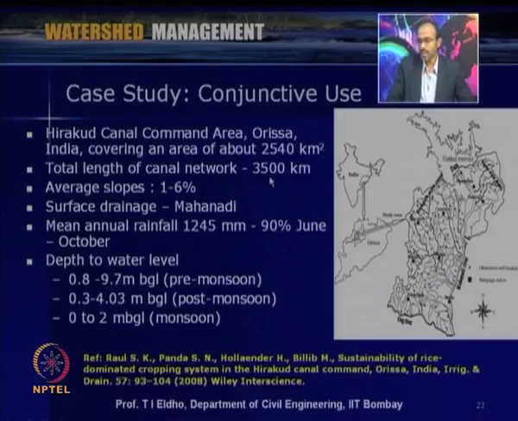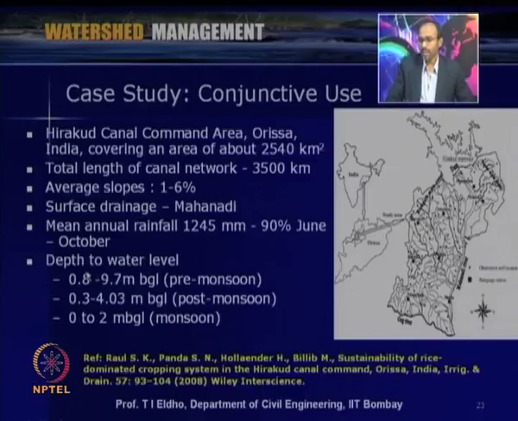The total length of the canal network is about 3,500 kilometers. The average slope is 1 to 6%, and surface drainage is mainly the Mahanadi and its tributaries. The mean annual rainfall is approximately 1,245 millimeters, mostly received during the June to October monsoon season.